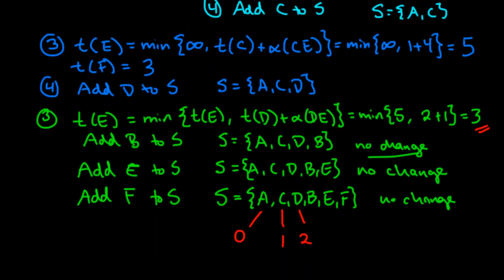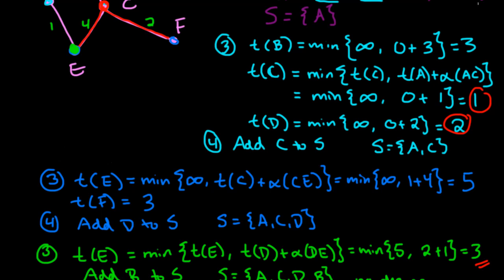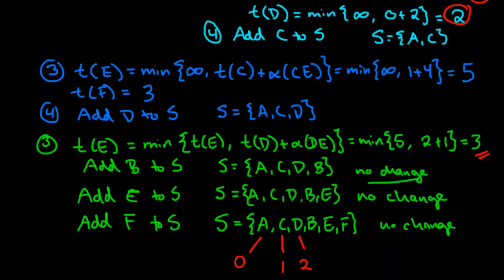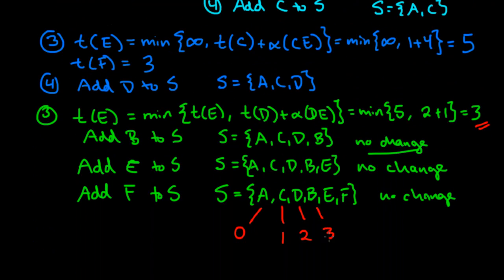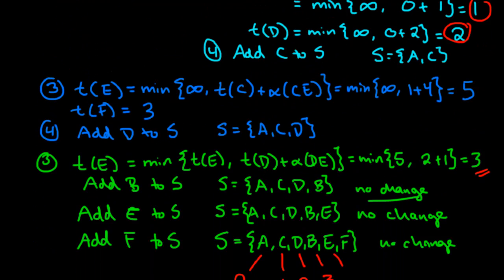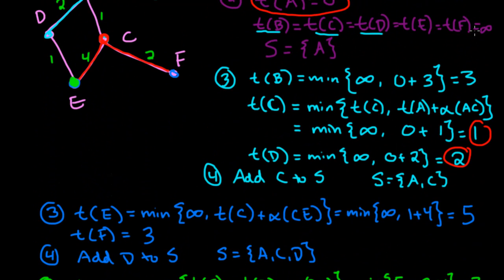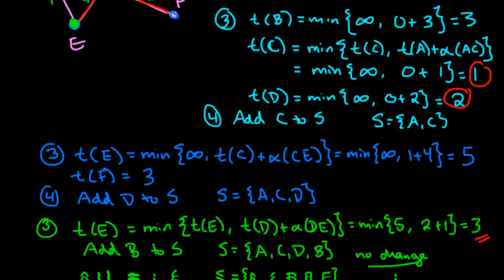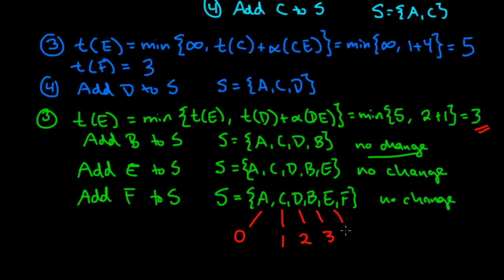Whereas B started off at infinity, changed to 3, and again never changed after that. E was the one that changed a little bit. It started at infinity, then it got changed to a value of 5 when we did this part of the algorithm, and then later on it got changed to a value of 3. So it still stays at 3.